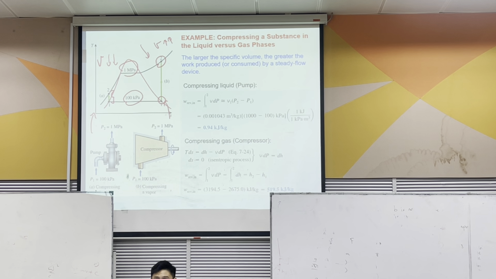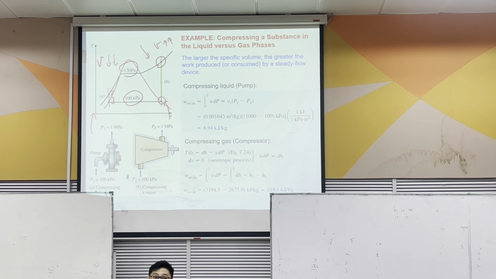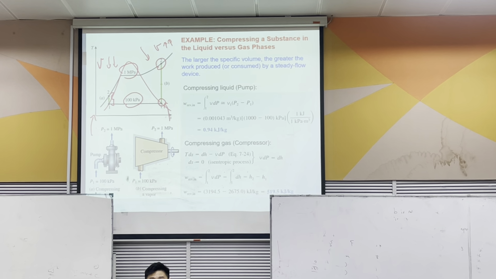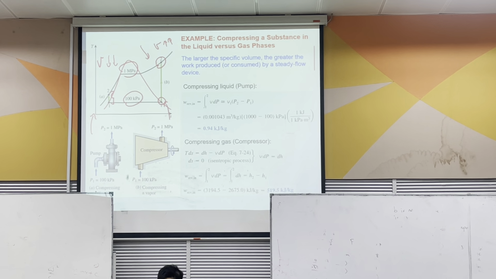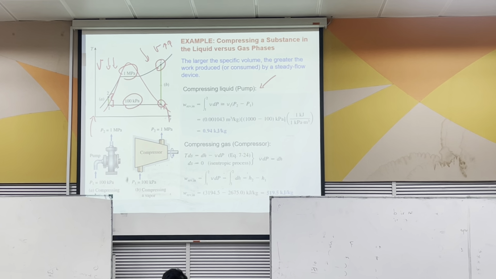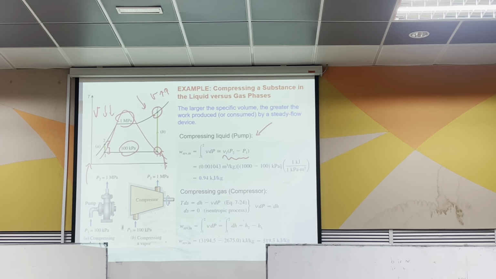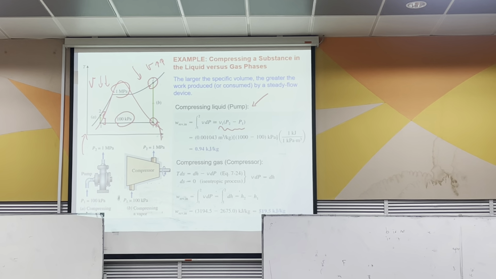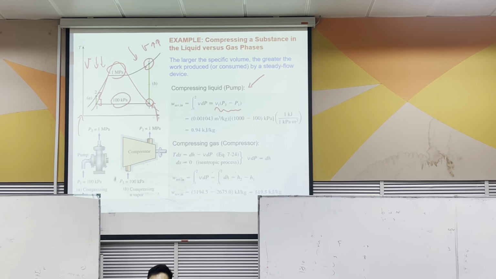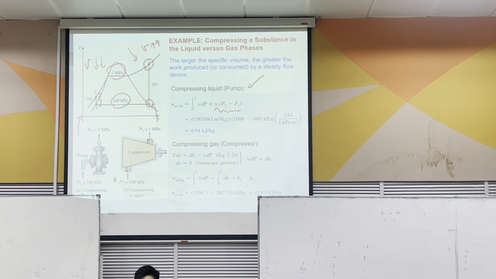So for these two cases, the way that we analyze the work done will be slightly different as well. You can see from the equation here, compressing a liquid, meaning the case in the pump, this one. The work done here, we can approximate with V delta P, because we have learned that when water is at saturated liquid or compressed liquid, the specific volume is about constant.